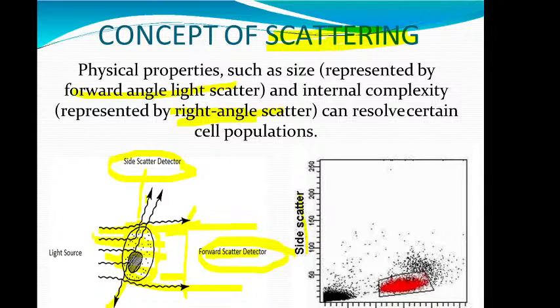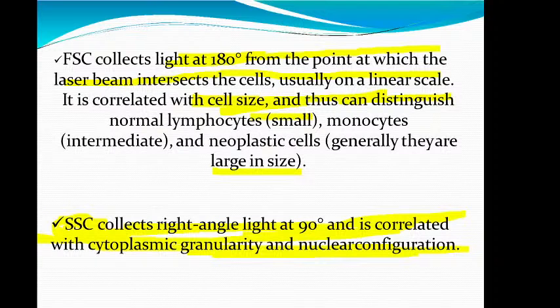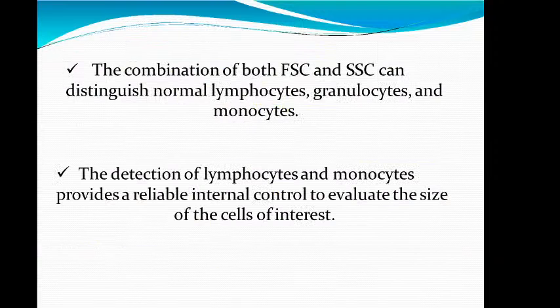So we have discussed two terms, forward scattering as well as side scattering. Forward scattering will tell us the size of the cell, number one. Side scattering, because it strikes the cell, will tell us about the internal complexity of the cell, the cytoplasmic granularity.